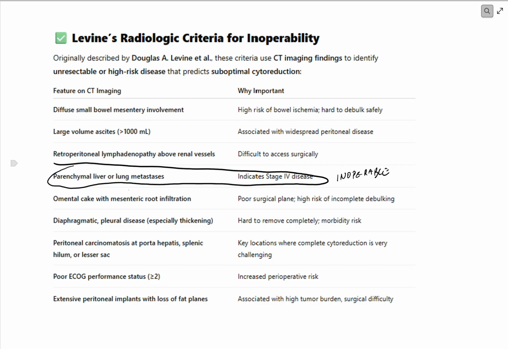Okay, and if you have mesenteric root infiltration, and it's a superior mesenteric artery root, then it will become inoperable. If you have diaphragmatic and pleural disease, it becomes inoperable.